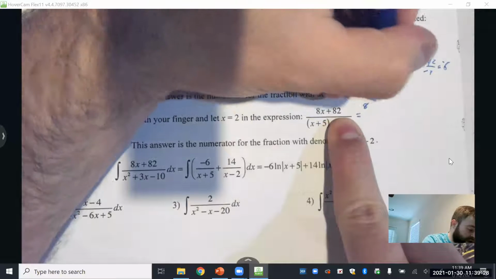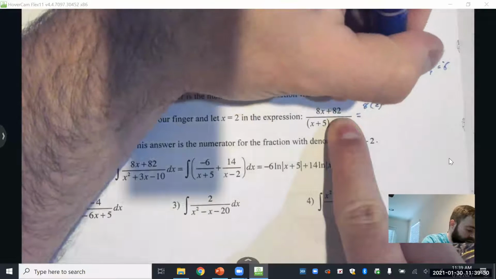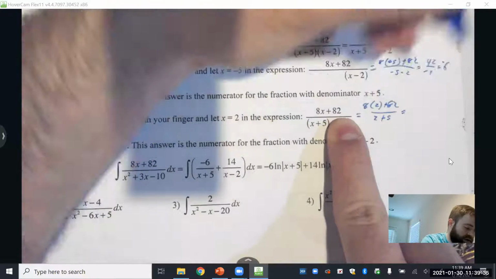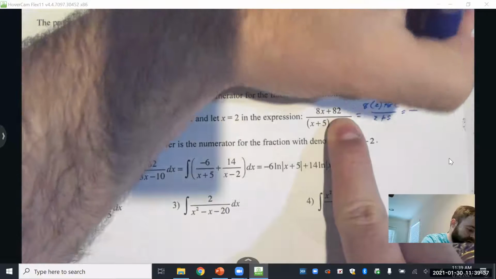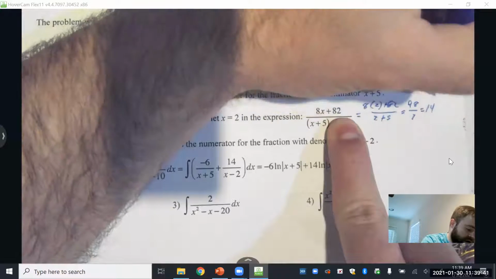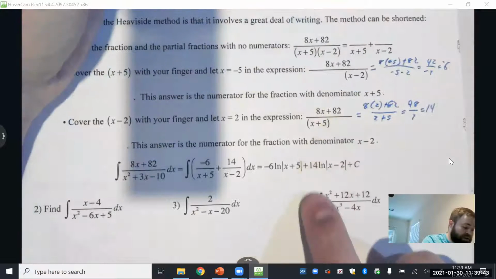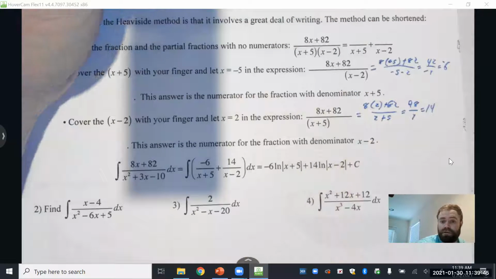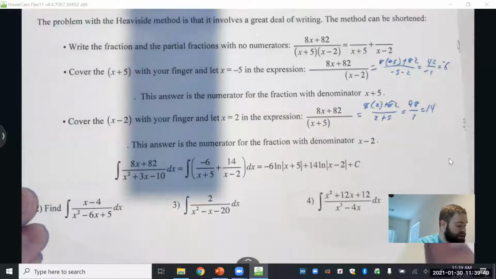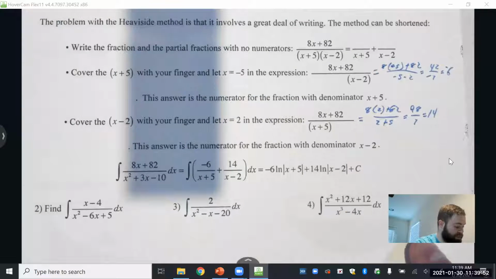That gave us 8 times 2 plus 82 over 2 plus 5, which is then 98 over 7, which is 14, which is then the numerator that goes above the denominator of x minus 2. So a little quicker, less writing in that method.